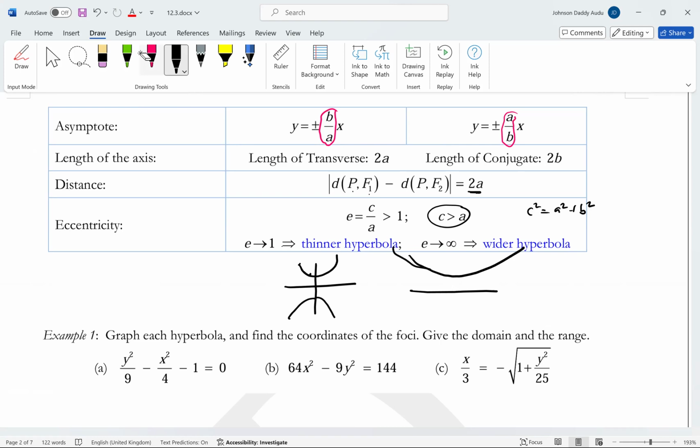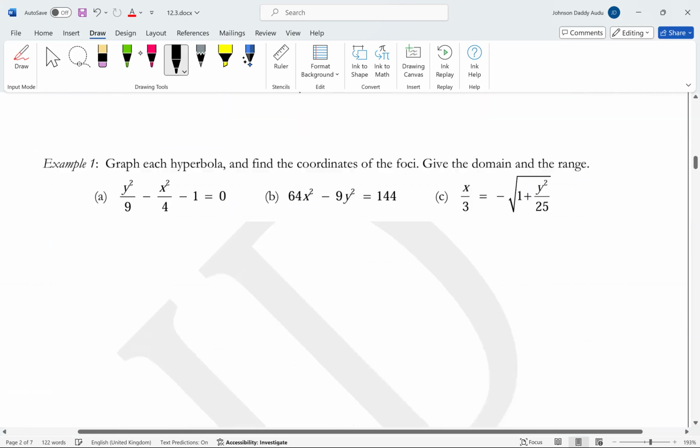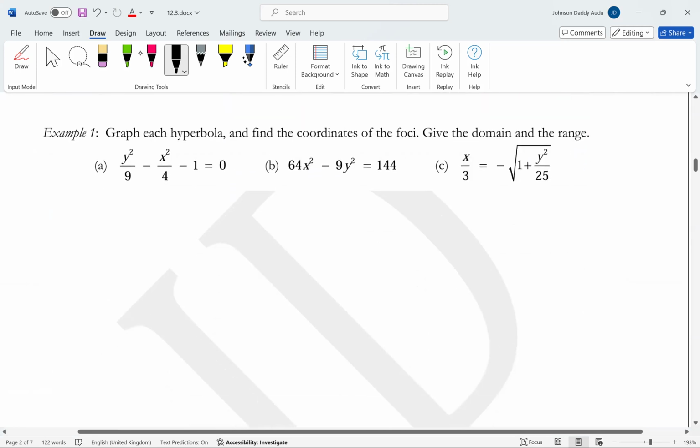All right. Now let's take examples. So for example 1, here we're dealing with only cases where we have a hyperbola that is centered at the origin. So let's start with the first one, a.